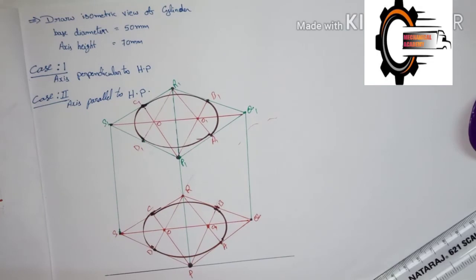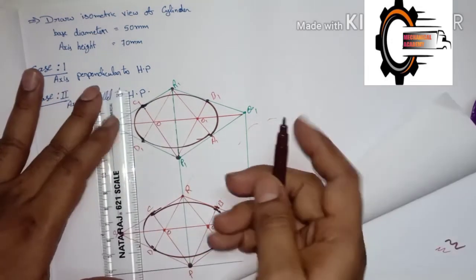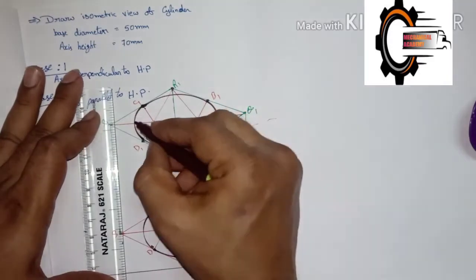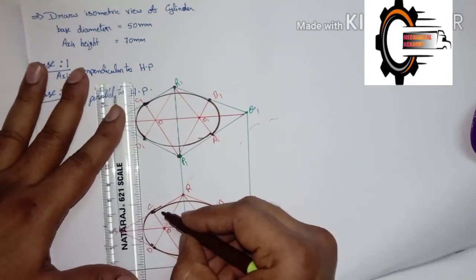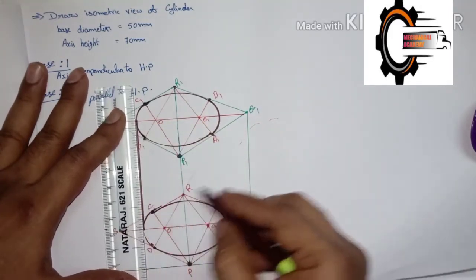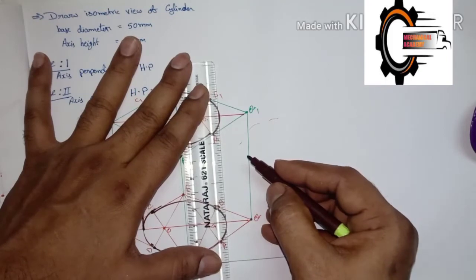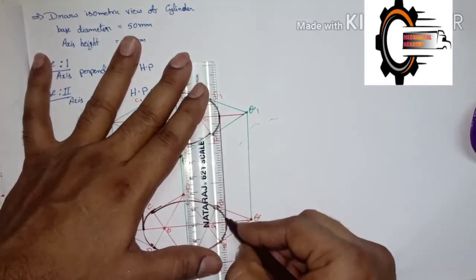Now we have to draw the tangent line. For the tangent line, mark this point and this point. I am joining these two points, then we get the tangent line. Then it looks like a cylinder. Similarly here also, like this.